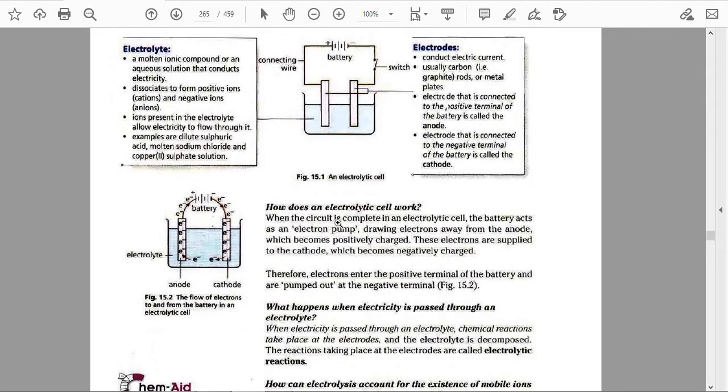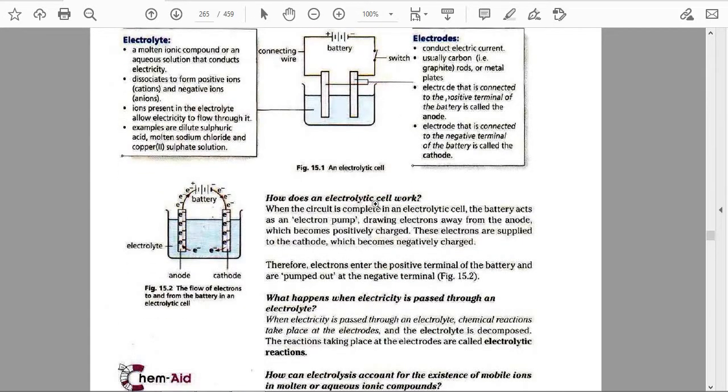Let's see the next one. How does an electrolytic cell work? When the circuit is complete in an electrolytic cell, the battery acts as an electron pump, drawing electrons away from the anode, which becomes positively charged. Electrons are removed, so the anode becomes positively charged. These electrons are supplied to the cathode, so it becomes negatively charged.